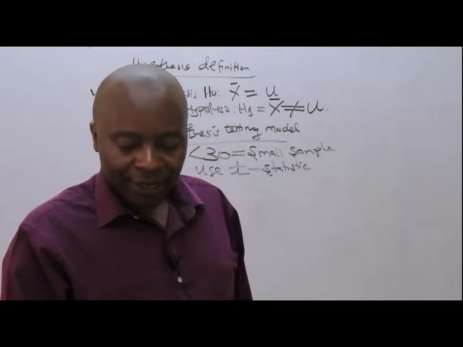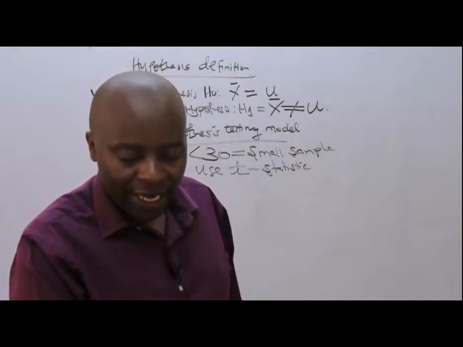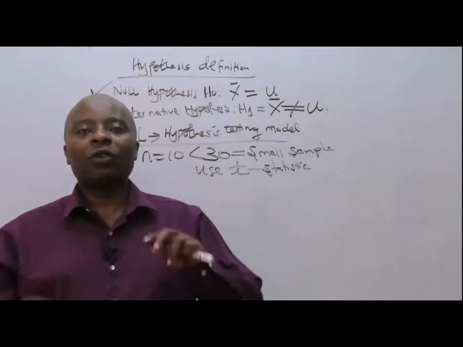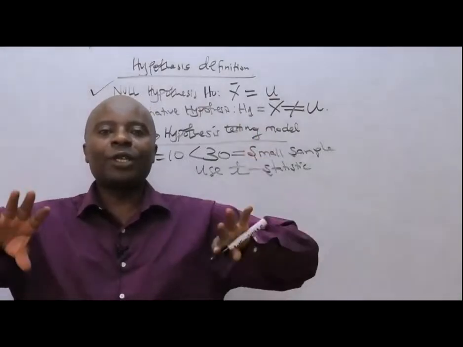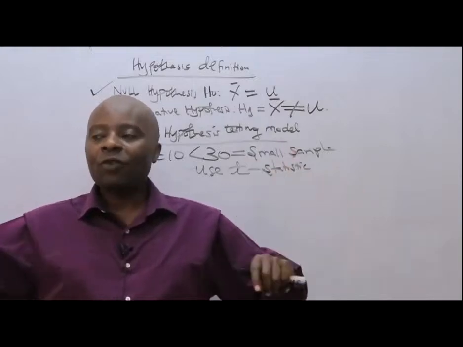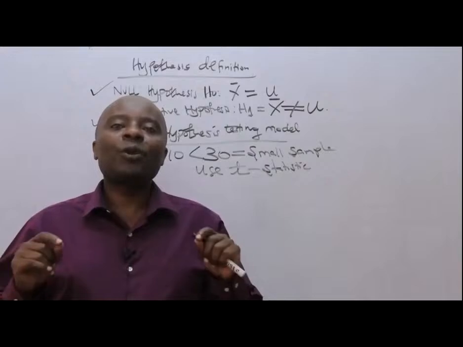Now, ladies and gentlemen, this examiner has not given us the level of significance. Remember, in most cases, the level of significance, at what level the figure is significant, will always be given. If the level of significance is not given, you assume it yourself.